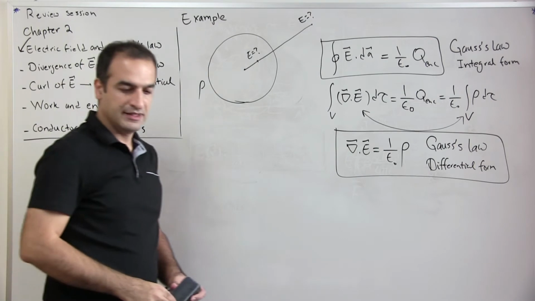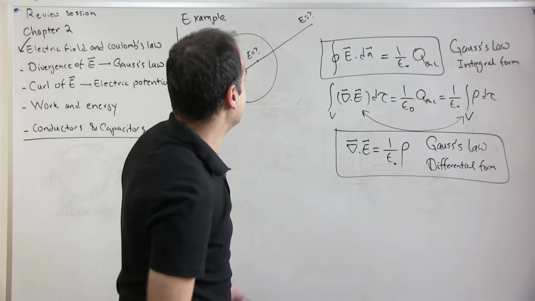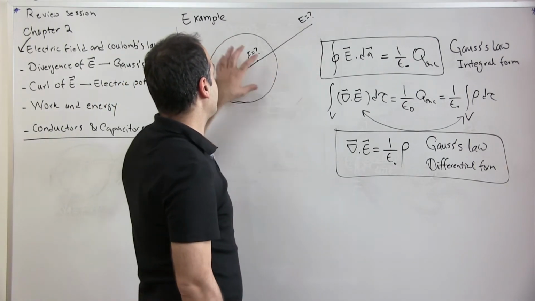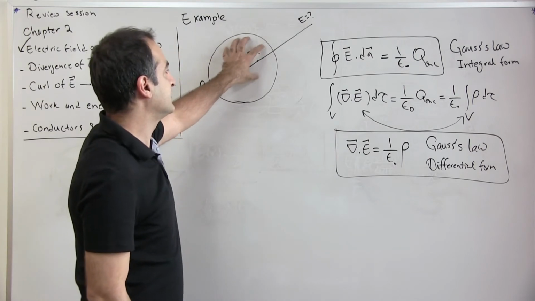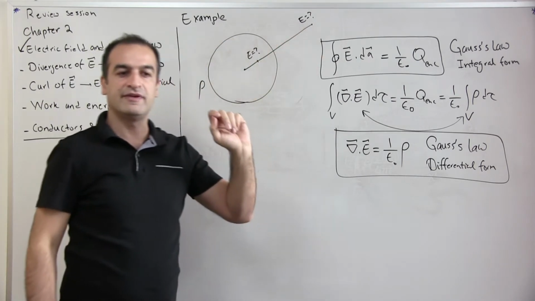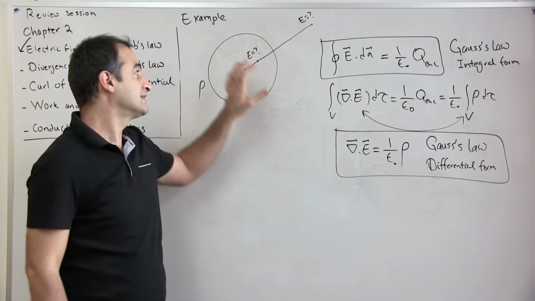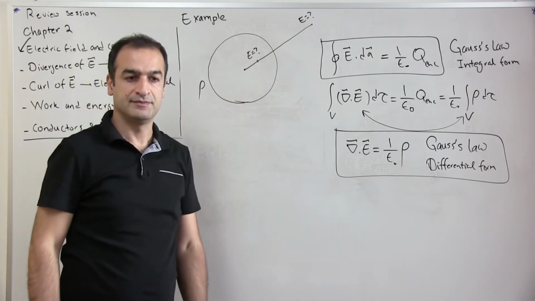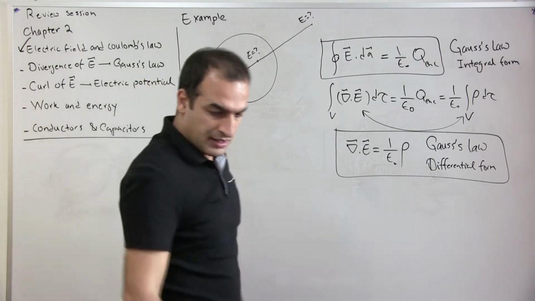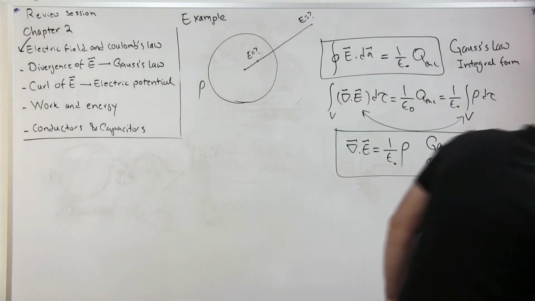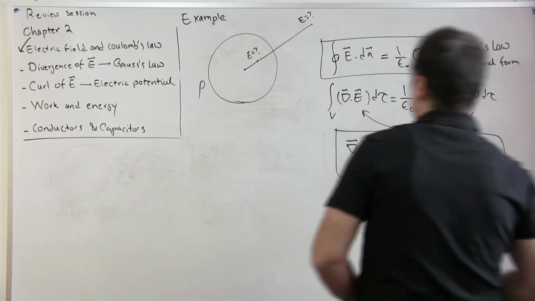We did a number of examples similar to this. I hope that you already know that if you have a charged sphere, the electric field outside is very similar to the electric field created by a point charge carrying the same amount of total charge. But with the Gauss law, we can relatively easily calculate that one.